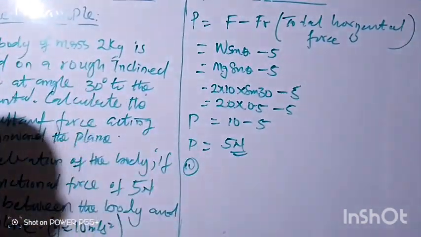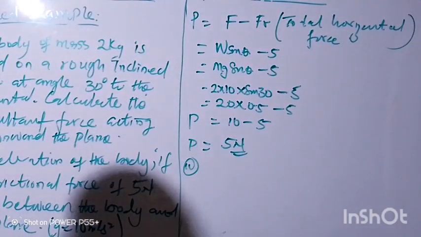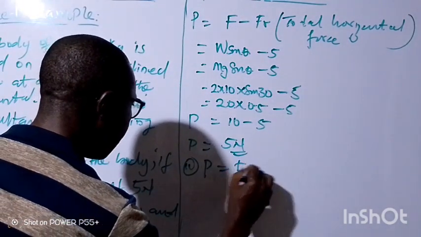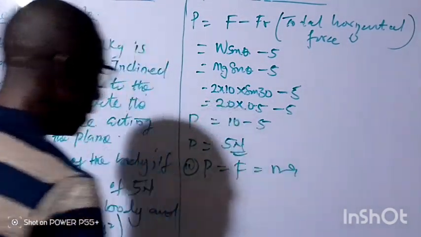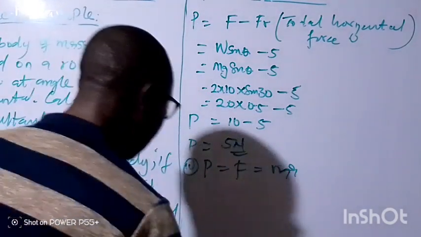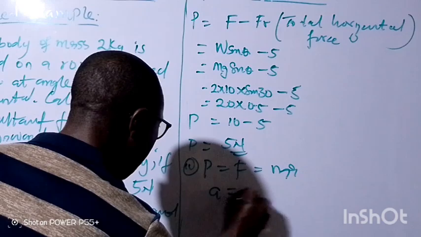Question number 2. To calculate the acceleration of the body, P will be equal to F, which is equal to ma. And we calculated our F as 5 Newton.